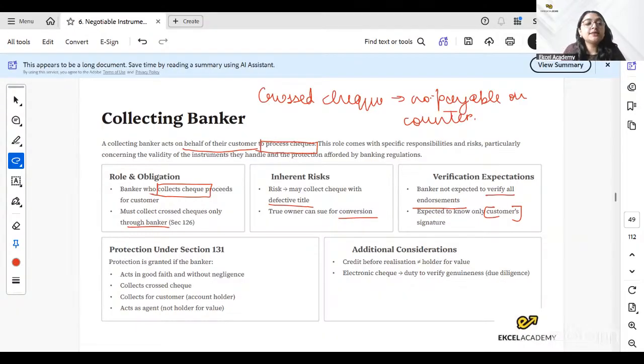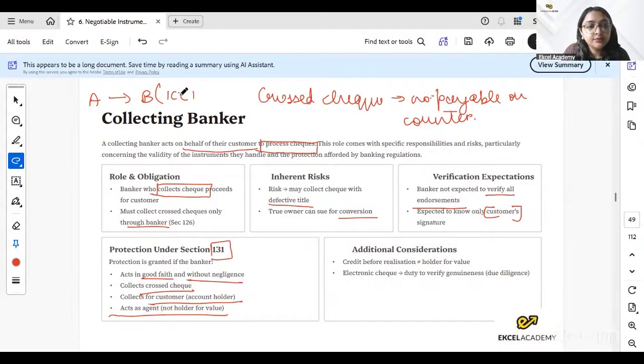Next is your protection under Section 131. That is protection if the banker has acted in good faith without negligence. He collects a cross check for the customer and acts as an agent. Very, very important. Let's say, for example, A issues a check to B, and B has an account with, say, ICICI Bank. So ICICI Bank becomes your collecting banker. They have collected a cross check and deposited the money in B's account.